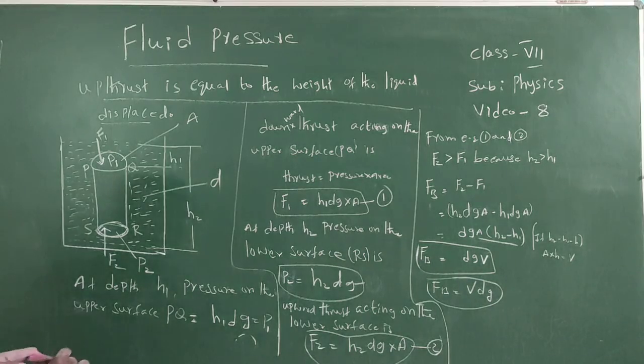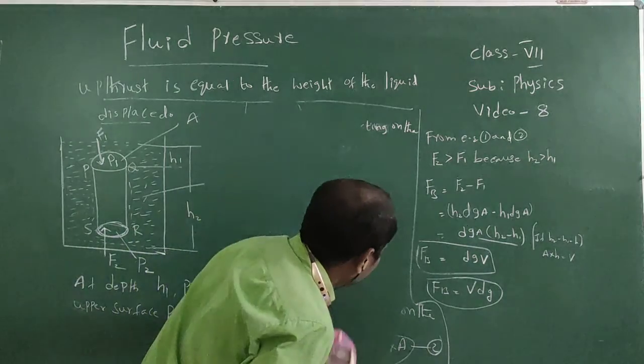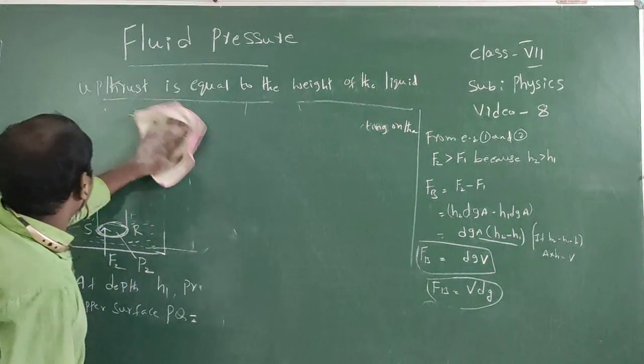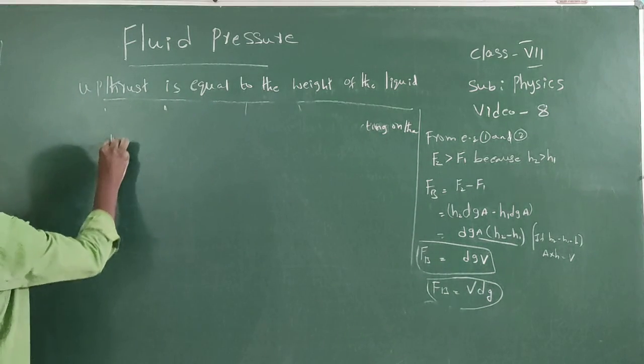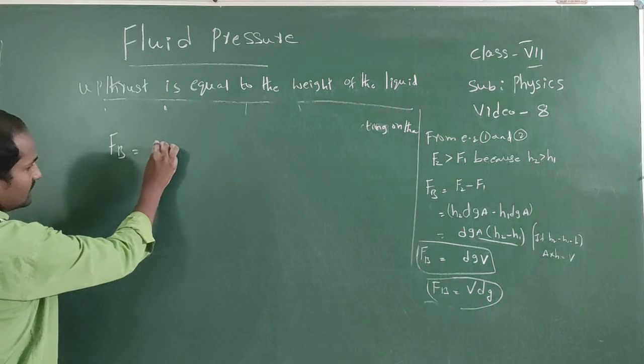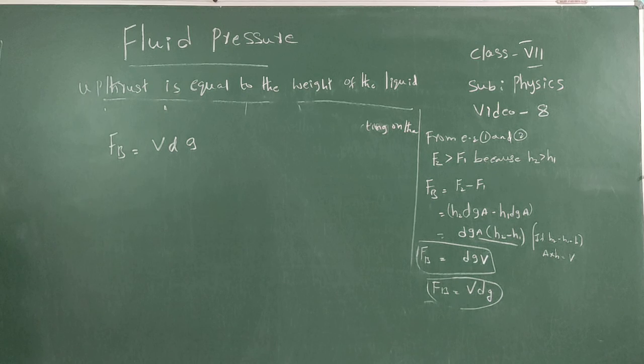From the last equation, we got FB equal to V d g.